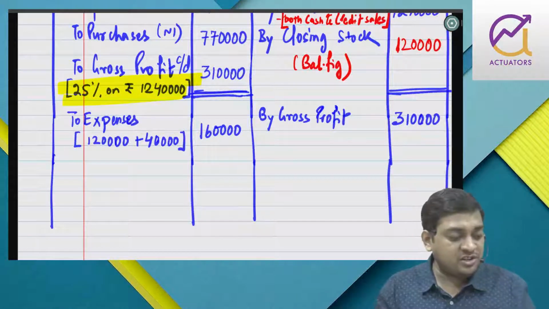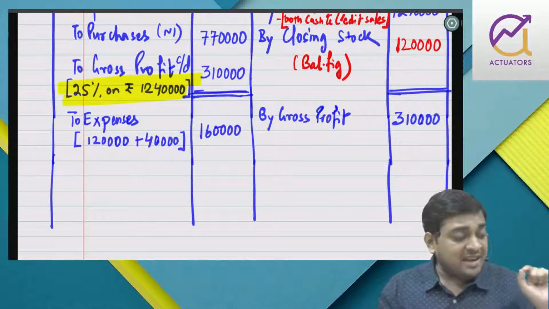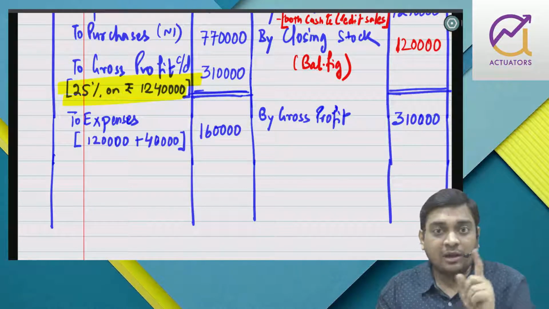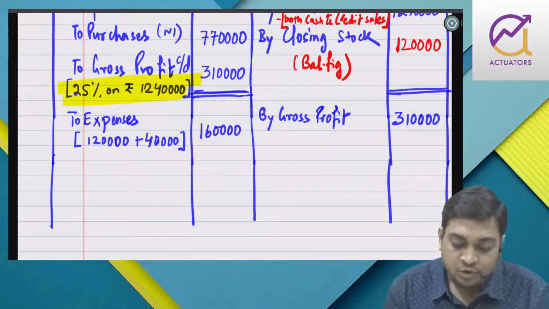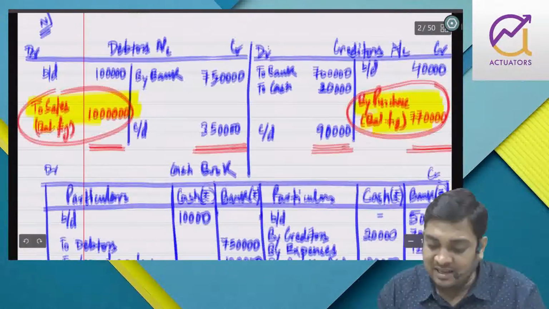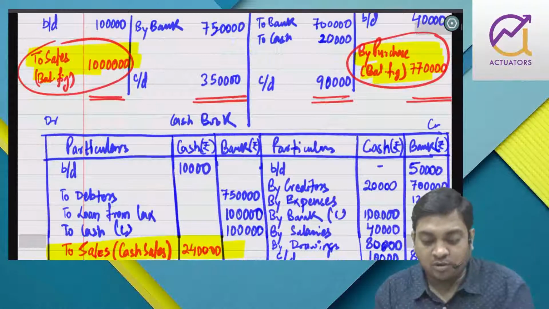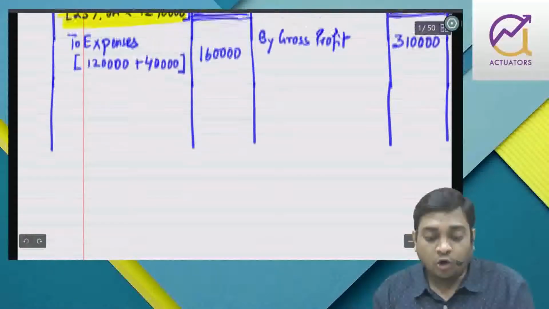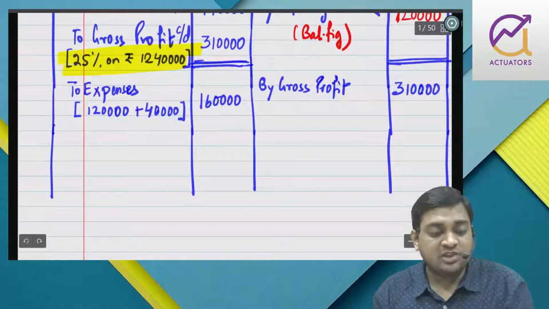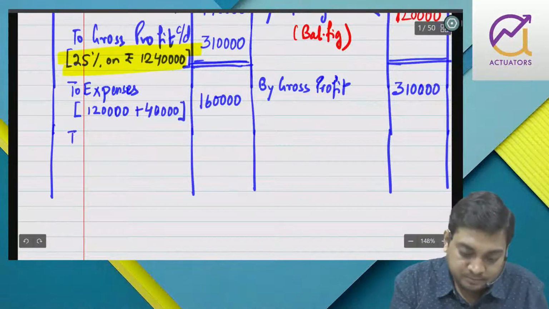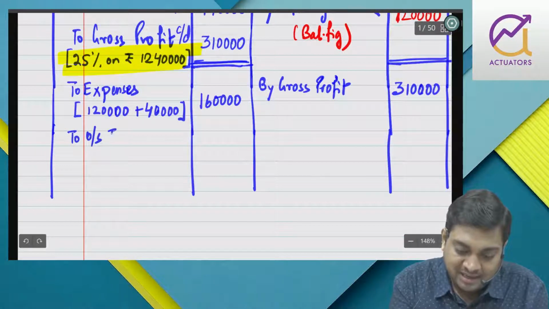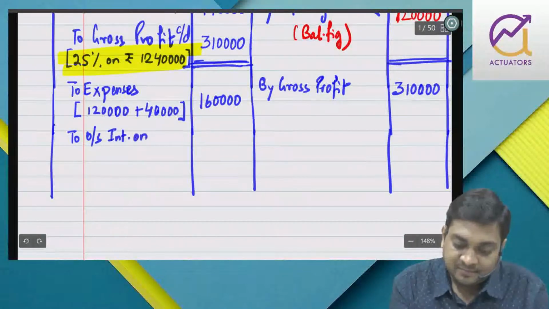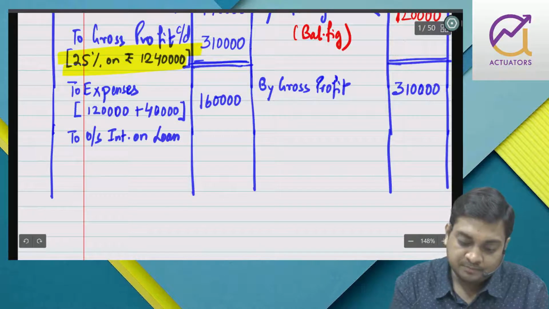So simply you will prepare the net profit. There is no depreciation, but there is interest given on the loan taken from Lakshman. That interest is not there in your cash book. It has not been paid. You took the loan in October, so October, November, December, January, February, March: six months outstanding interest on loan.